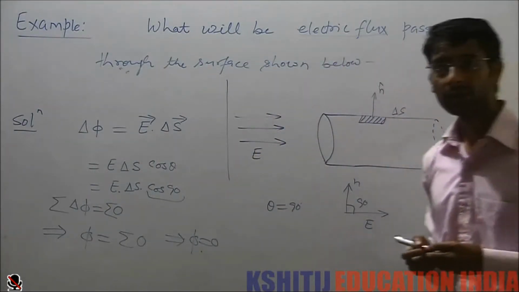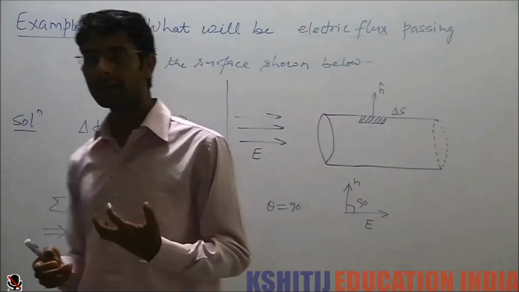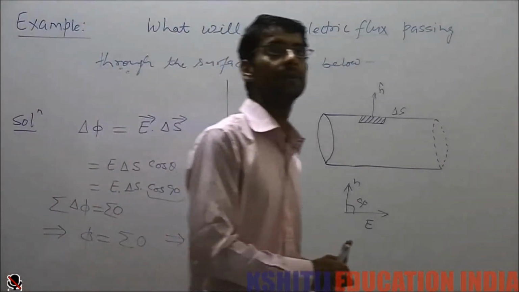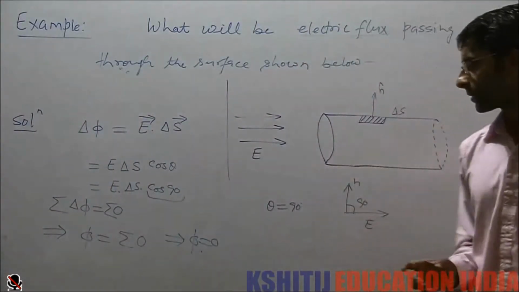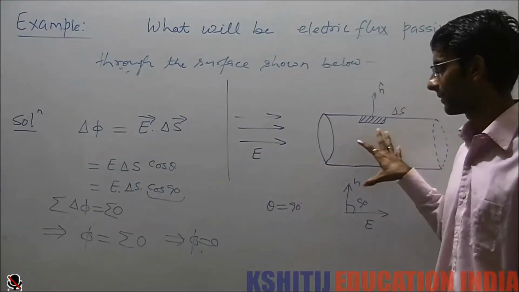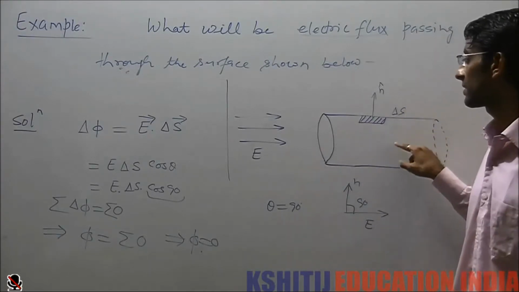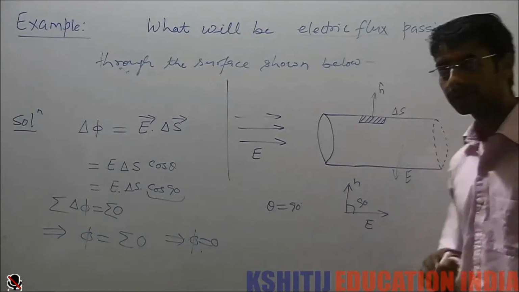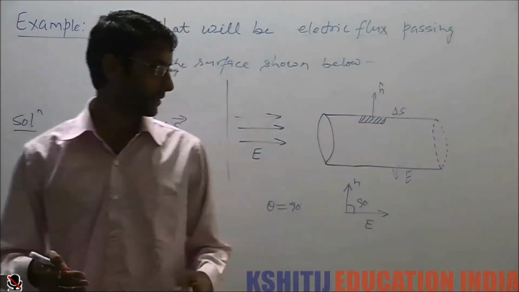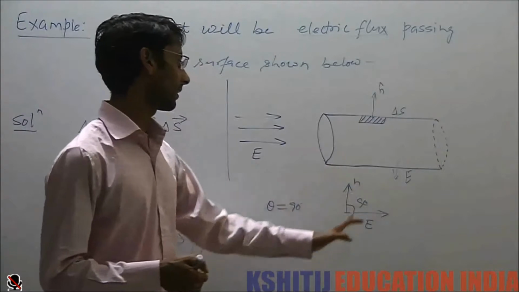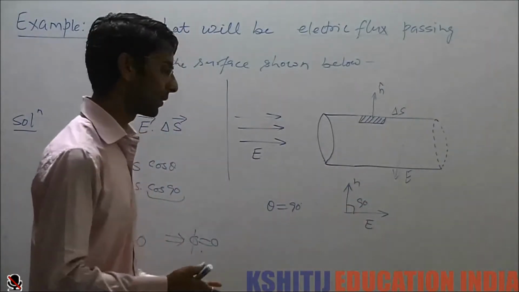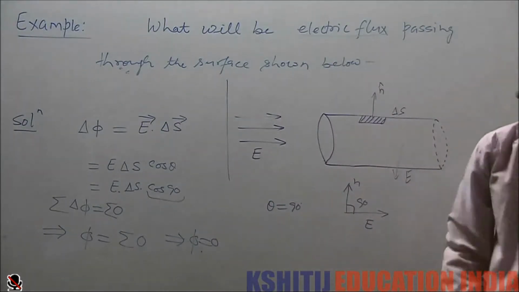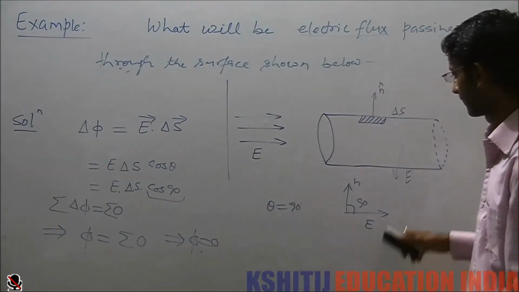As per the definition of electric flux, it is the amount of electric field lines which are passing through the surface we are interested in. Since there is nothing crossing the surface and the angle comes out to 90, there will be no electric flux passing through the surface. So our answer is 0 in this particular case.